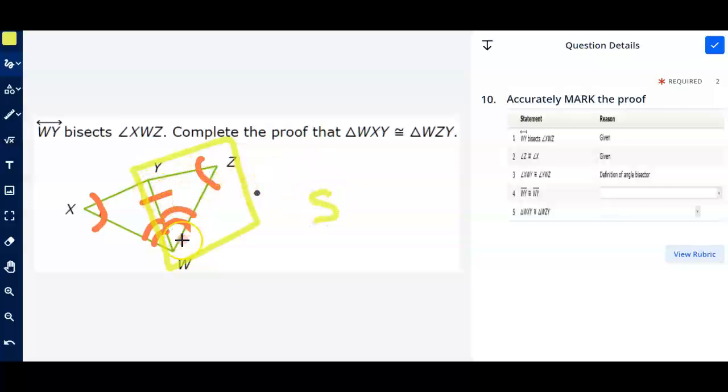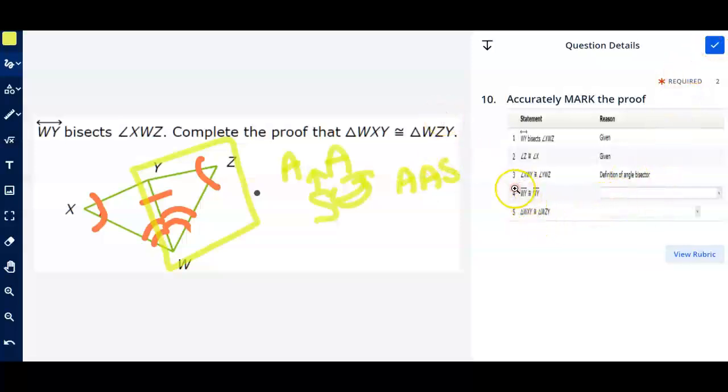How many angle pairs do I know? 2 angle pairs. Is my side included between the angles, or is it excluded? I see that my side is excluded. So this is angle, angle, side, which will help me answer number 5.